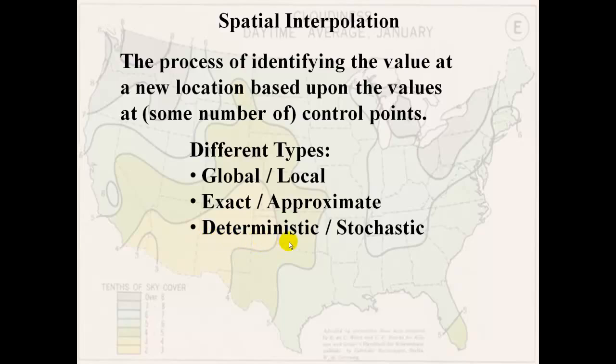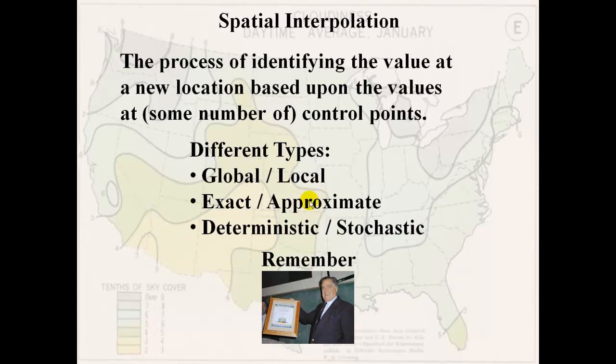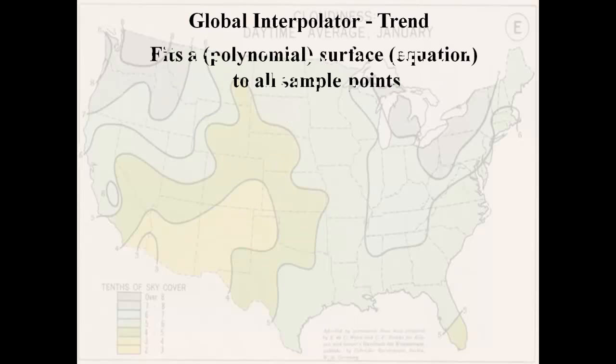Deterministic, you can think of as based upon an equation. You can run the equation 10 times and get exactly the same value each time. Stochastic has some random variation in it, so if you run it 10 times, you might get 10 different values. For all of these, remember Tobler is going to be important. Remember what Tobler said: everything's related to everything else, but closer things are more related than things that are further apart.